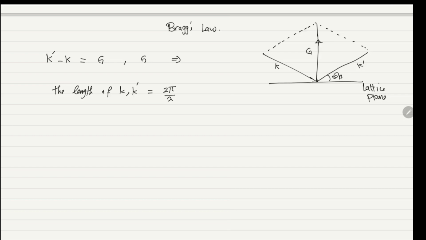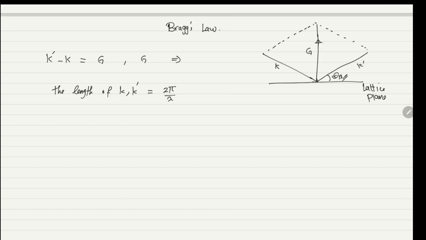And this is actually called Bragg's reflection. The angle between the plane and the wave vector of the incoming and outgoing waves is called the Bragg angle, and it's denoted by theta B, this one here.